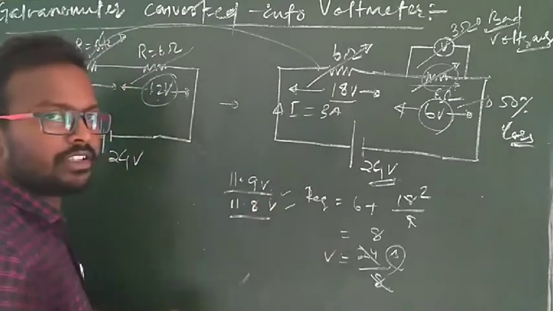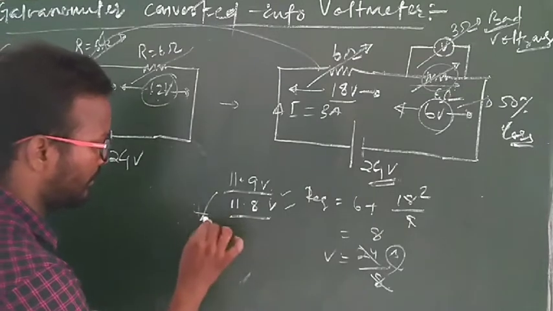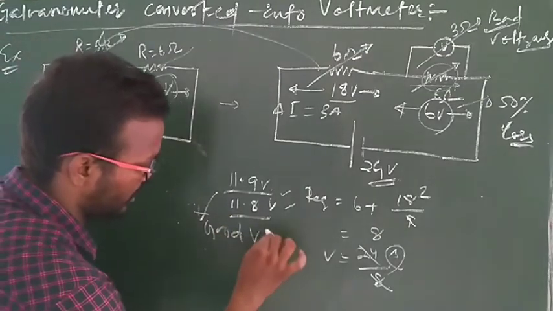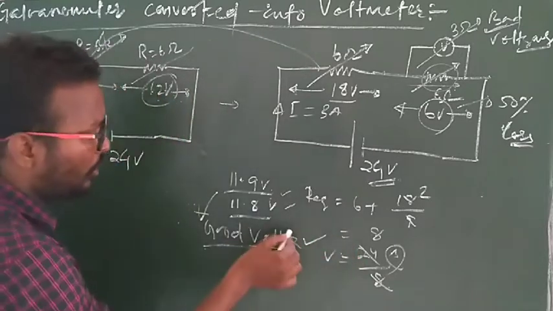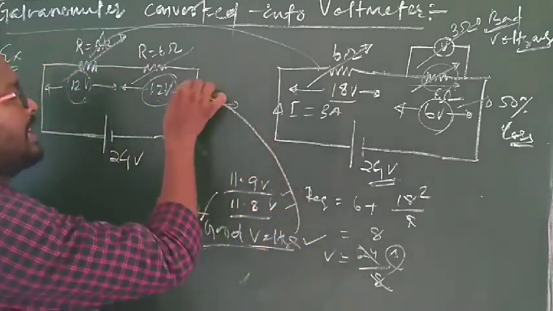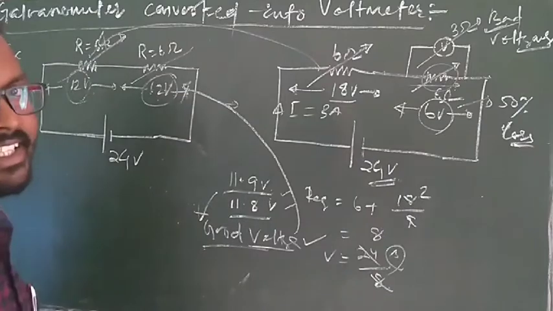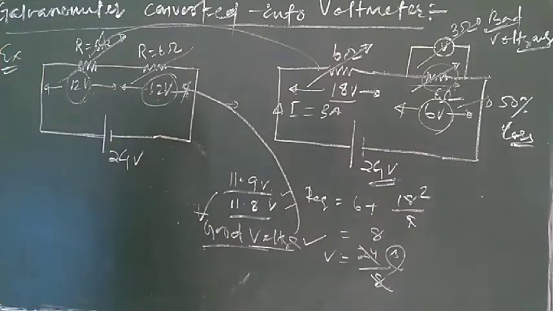That is a good voltmeter, because its reading is approximately equal to the initial reading of 12 volt.